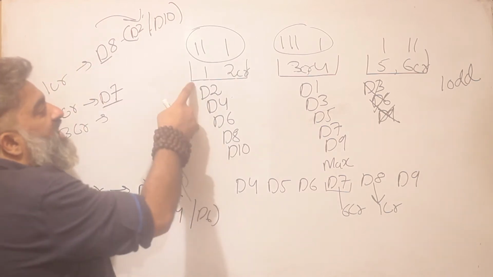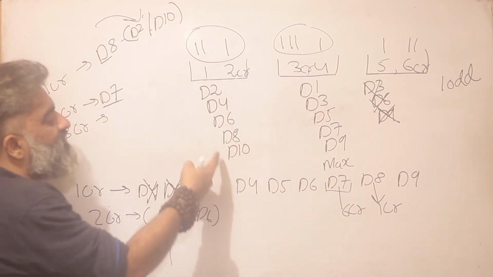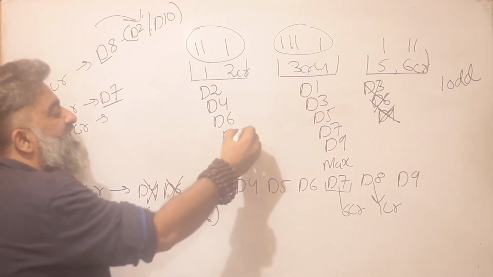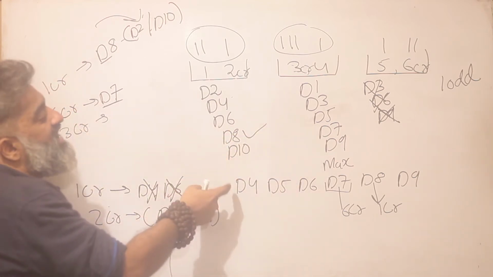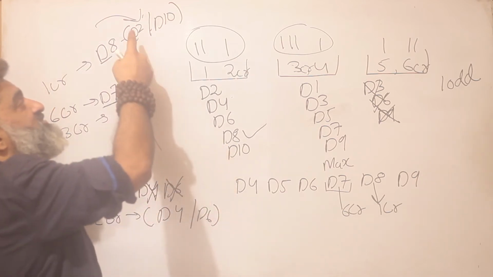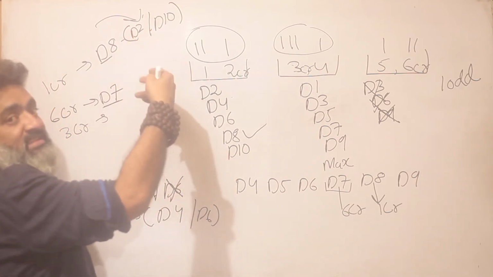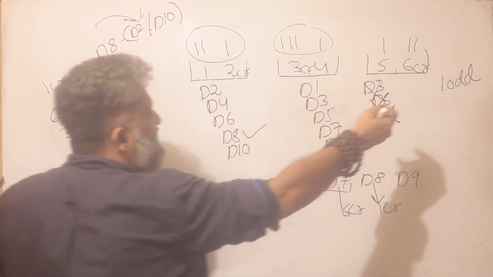And now once again explore this category. There are only 3 DOMs out of 5. You already have D8 for sure, one of D2 or D10 you have, and one of D4 and D6 you have. That means between D2 and D10, whoever is left will have to go to the last category, the expensive category.